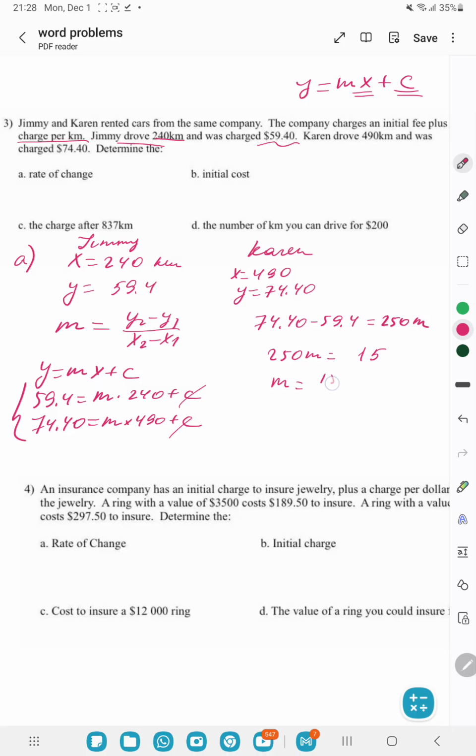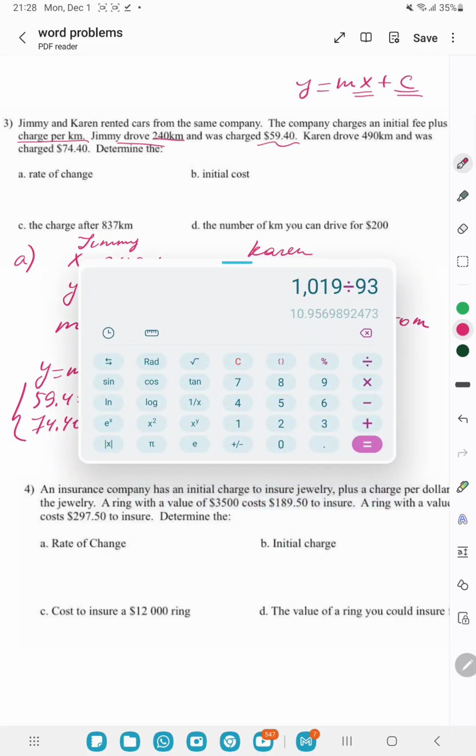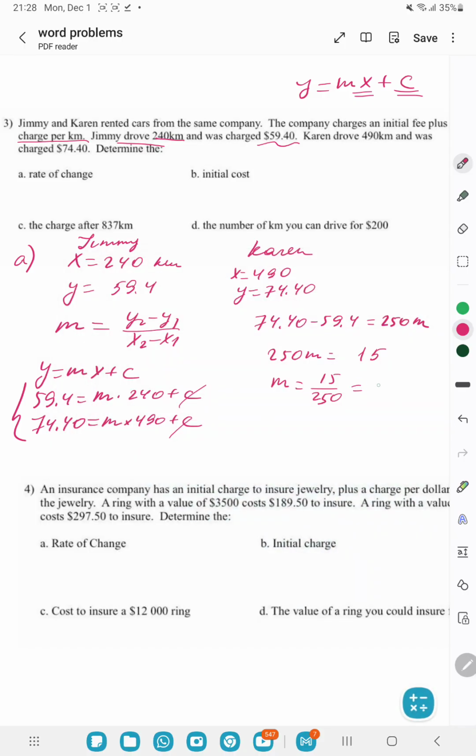So to find m, 15 divided by 250 will be 0.06. This is our rate of change. What this 0.06 means is actually 6 cents per kilometer.